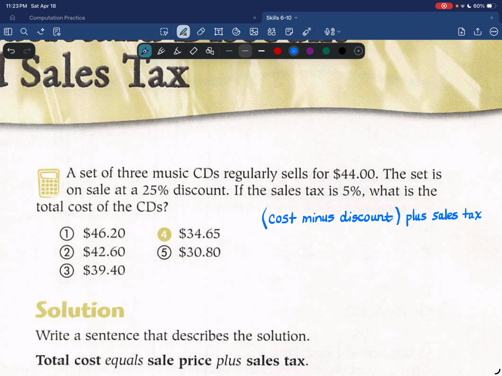All right, the cost is the easy part. If there is an easy part, it's $44. The discount would be 25% of 44, that you get to subtract. Then we would have to add the sales tax, which is going to be 5% of the price, and we haven't found that yet.